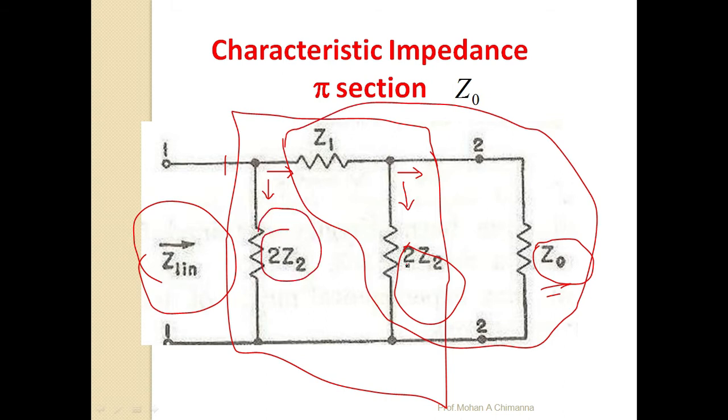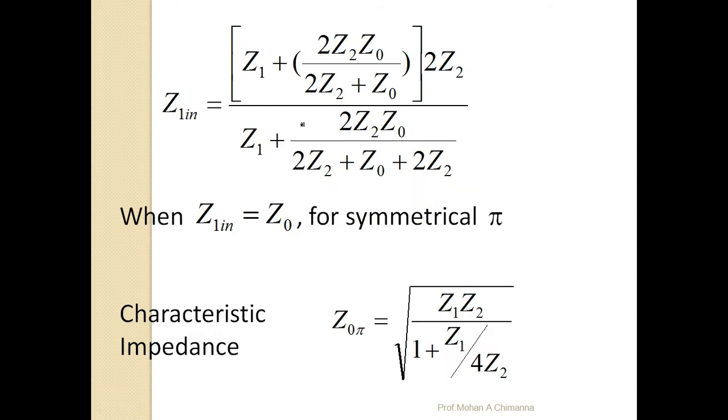In this way we find the value of Zin, which is equal to Z1 plus 2Z2 Z0 upon 2Z2 plus Z0, in combination with 2Z2, upon Z1 plus 2Z2 Z0 upon 2Z2 plus Z0 plus 2Z2. When Zin is equal to Z0 for a symmetrical pi network, its characteristic impedance we have to find out after the simplification of this.